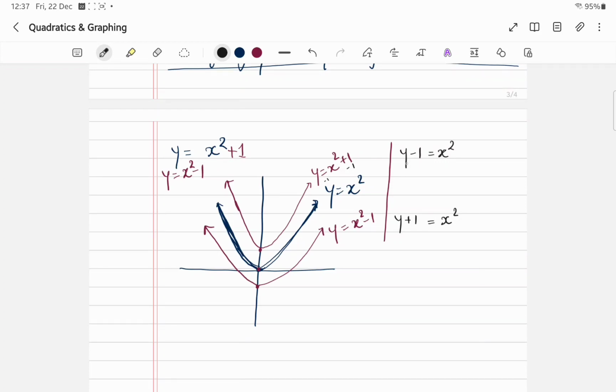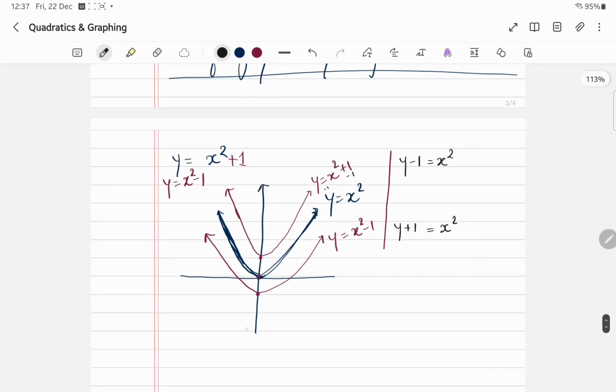Y minus 1 means whatever y was. It's not the curve that is moving up, it is the y-axis that is moving down. When this line moves down, the graph is going to go up. The graph is staying at its place, but it's the y-axis that is moving rather than the curve.